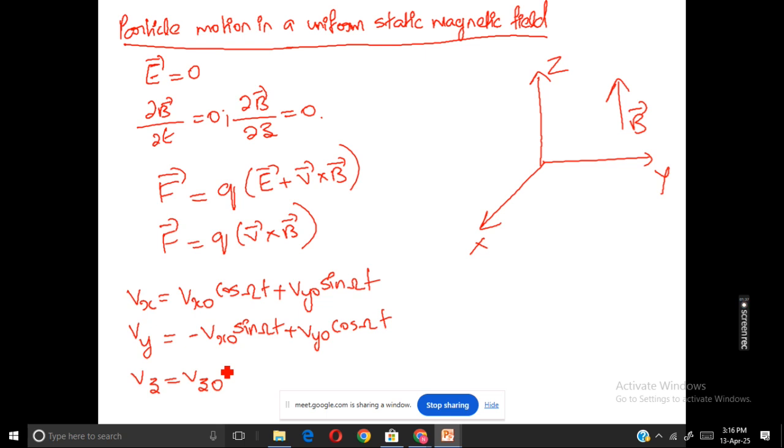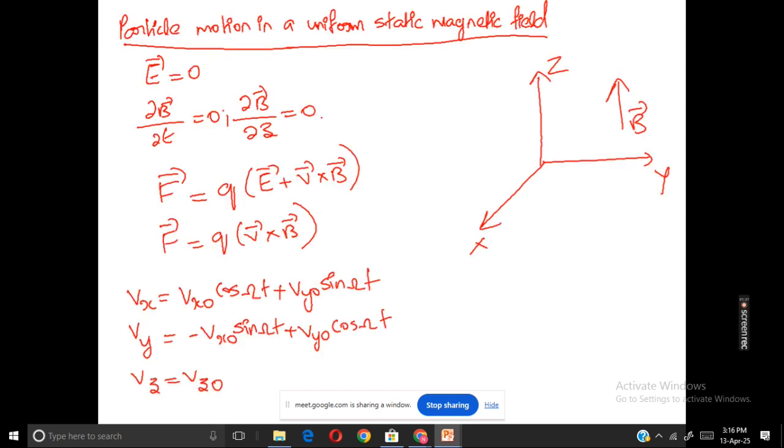We will square and add vx square and vy square to find the trajectory of the particle. So these are the different components of velocities. To get the trajectory of the particle, we will square and add vx square and vy square.